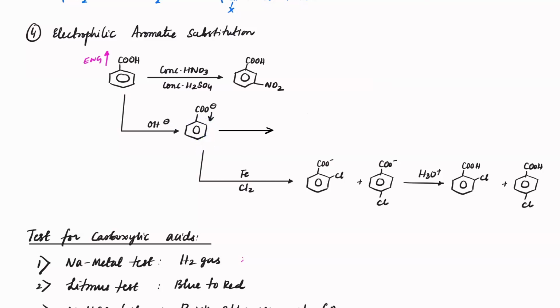So if you react with this one, the ring will get activated, and an activated ring would give you ortho para directly. And that's what happens here. You can see Fe in Cl2 if you add it, so it will convert that into COO minus, and ortho product Cl and para product will come across. Okay. So there is not much of EAS reactions, only this. Okay.